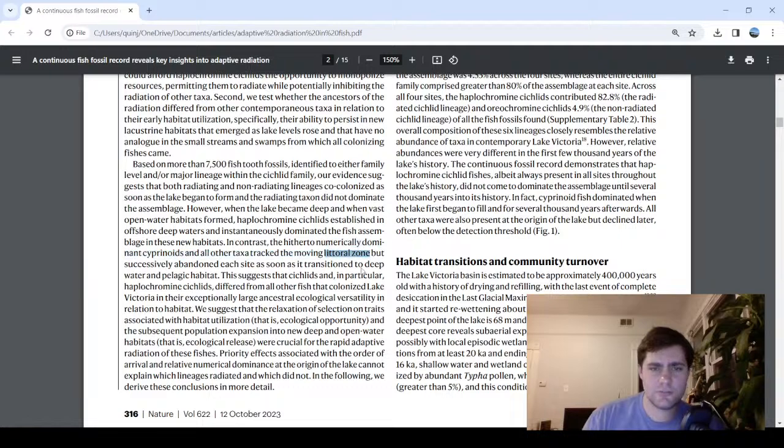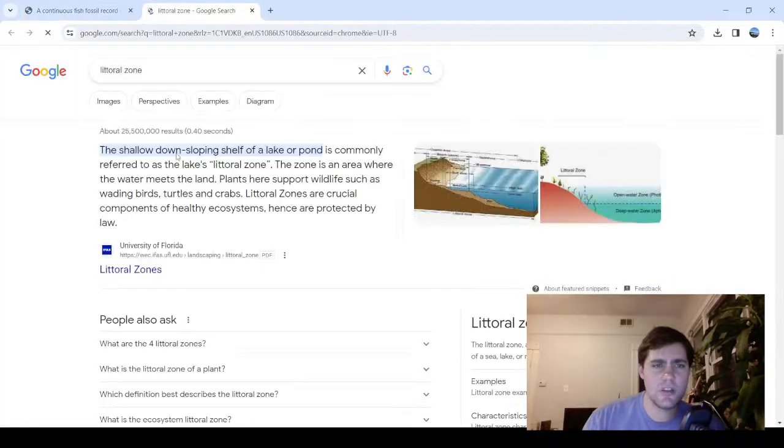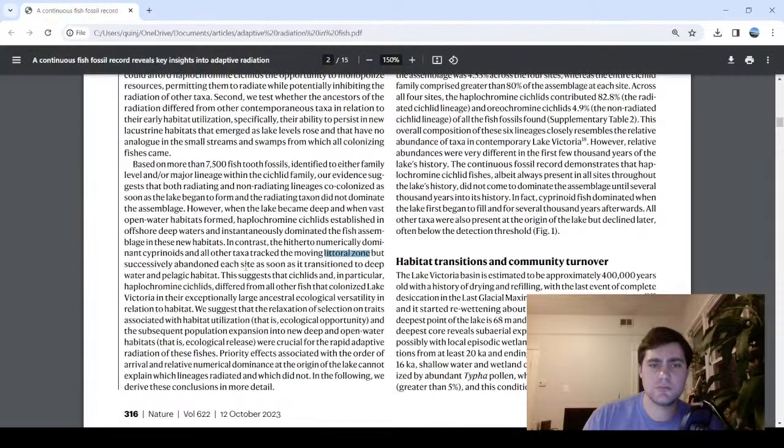Littoral zone: the shallow downsloping shelf of a lake or pond. So they're finding that, so these fossils, even as the lakes expand, the carps or their ancestors had to stay close to the littoral zone, the shallow edge of the lake.